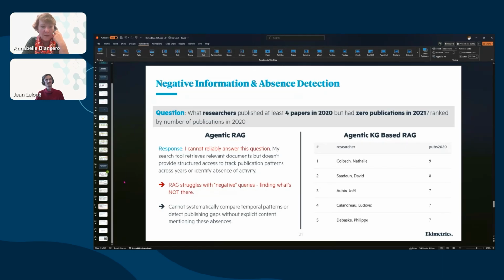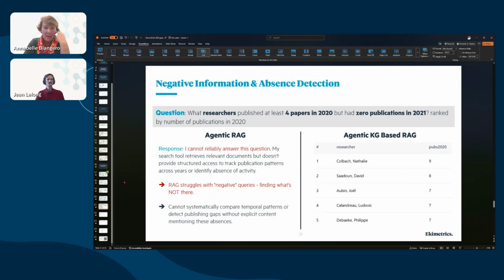Another complex question: what researchers published at least 4 papers in 2020, but had 0 publications in 2021, and then asked to rank them by number of publications in 2020. Again, the Agentic RAG is absolutely not able to answer this question. It completely struggles with negative queries.